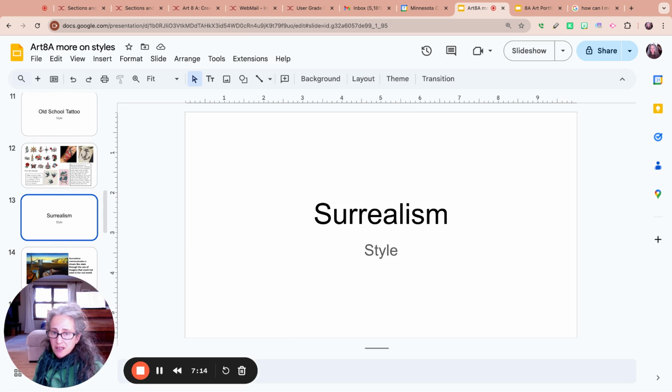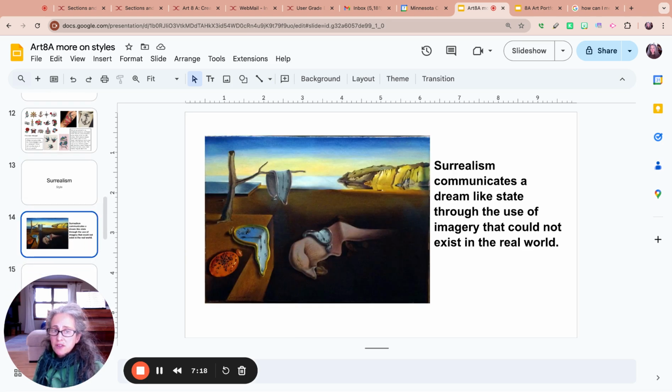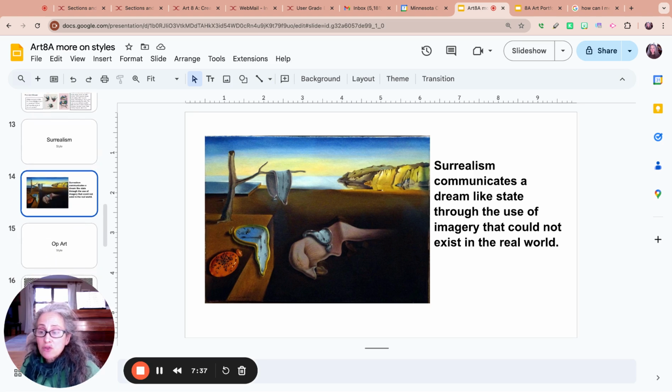And now going back into kind of fine art, there's the surrealist style. Surrealism communicates a dreamlike state through the use of imagery that could not exist in the real world. Think of how your dreams are oftentimes not possible. You could even illustrate a dream if you happen to remember them. These surrealists are interested in your subconscious.